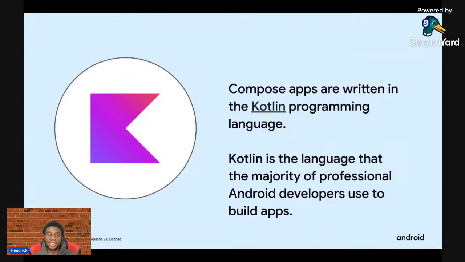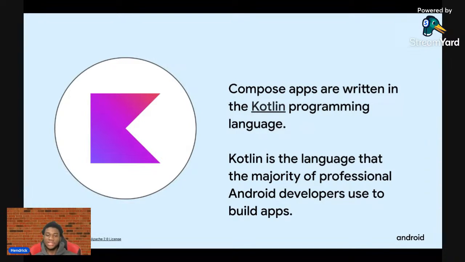What are Compose apps written in? Compose apps are written in Kotlin, which is a language built and actively maintained by the JetBrains team. Kotlin can be seen as a superset of Java, but it is another language in its entirety too. It is a better form of Java.